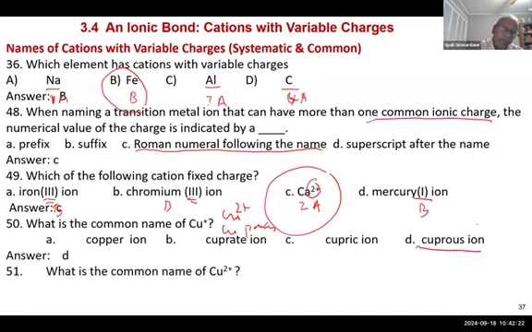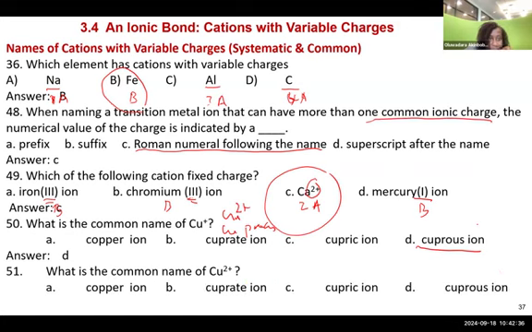What is the common name for Cu2 plus? Can you tell me the answer? Copper? Cupric. The 1 plus has cuprous, 2 plus has cupric. Do you see that?